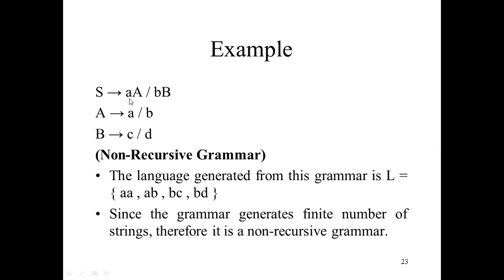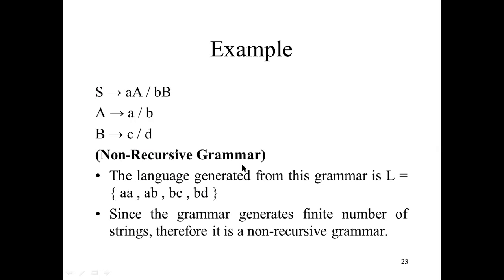We can also write aa. Suppose in the given string there is no need for this and we want b, then we will replace the A by b, so we can write here ab. Similarly, as per the requirement of the given string, we can choose such a grammar. These are the different options which we can make with the help of this.